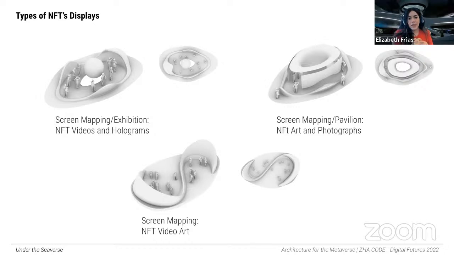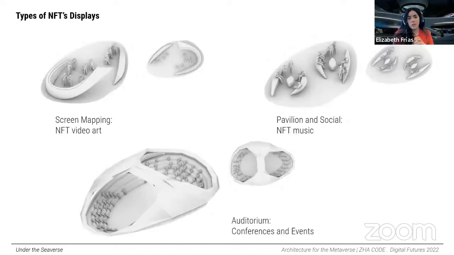And in the last page, we can also see a pavilion for displaying NFT music, because music can also be NFT. So when you're there in a social space, you can listen to the NFT, and obviously the auditorium for conference events.